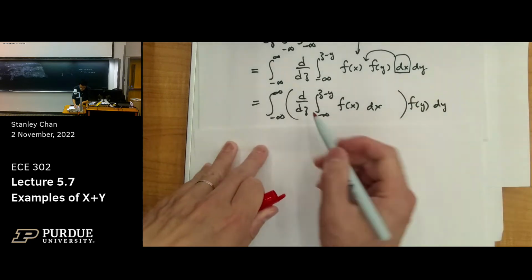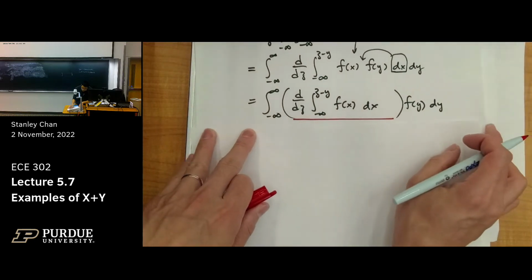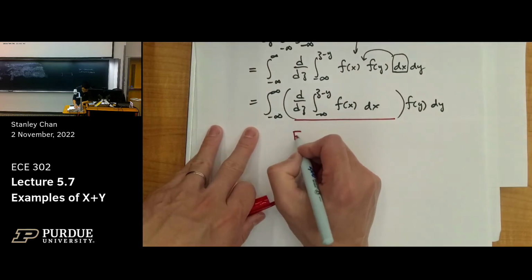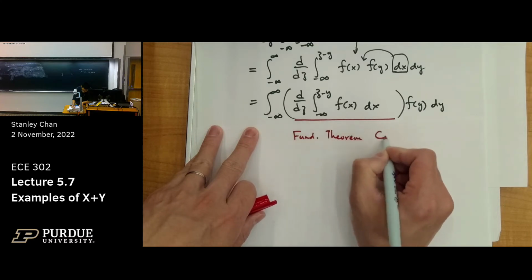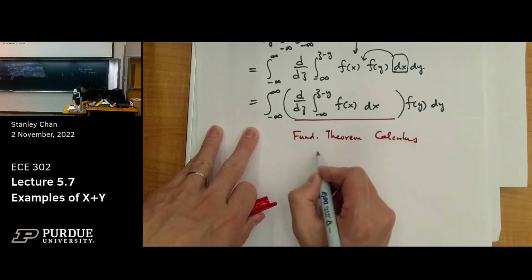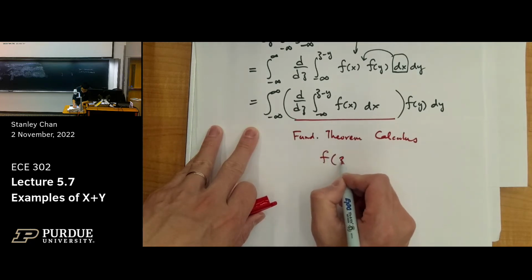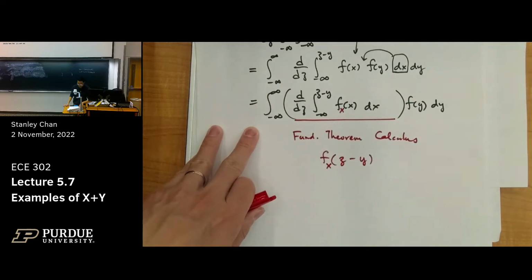So this thing here, this is a derivative followed by an integral. The derivative followed by integral, by the fundamental theorem of calculus, is going to give me f of z minus y. That's, of course, this is x.